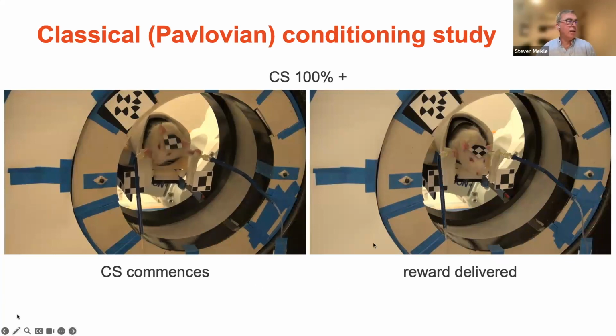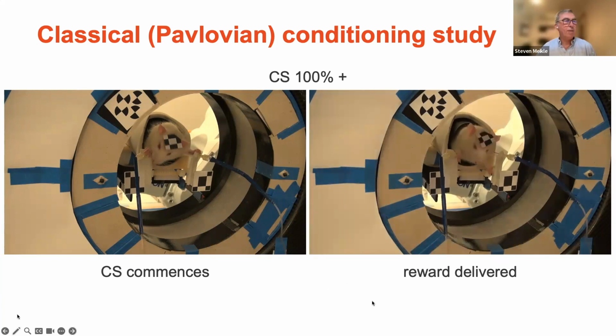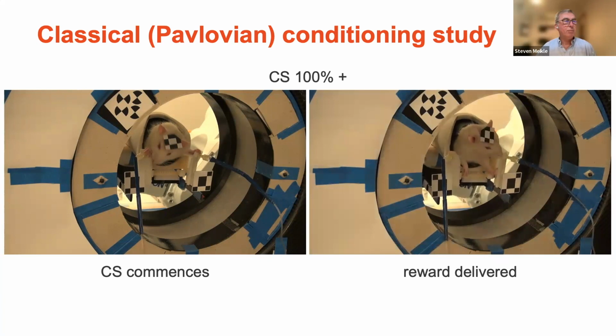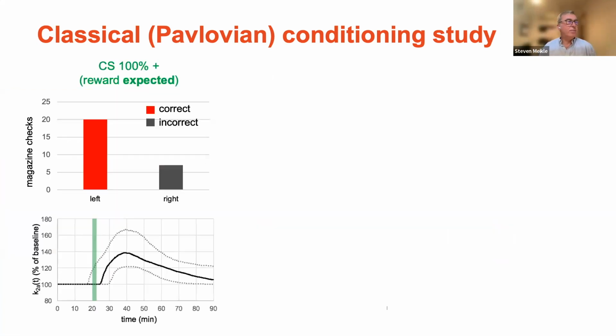So it's heard the sound, and now this video is just a couple of minutes later, same animal, same stimulus, and you'll see what happens when the sound finishes and the reward is delivered. So there we go, the animal gets its reward.